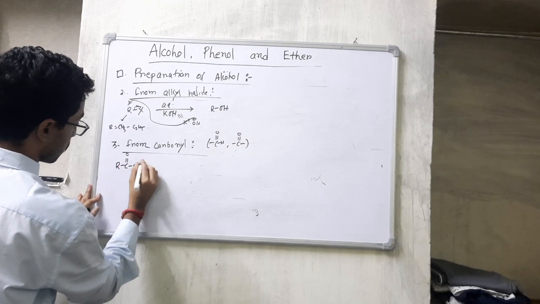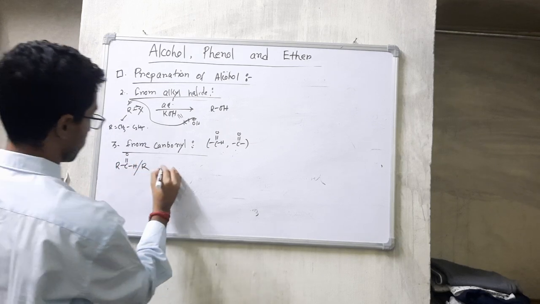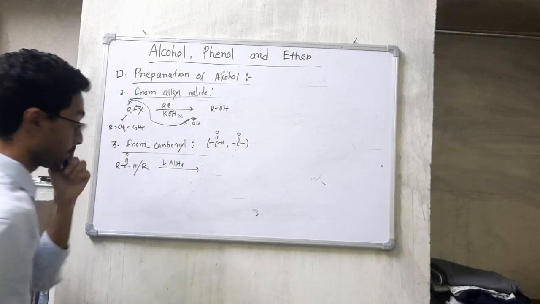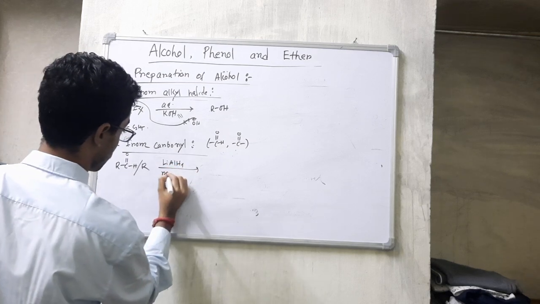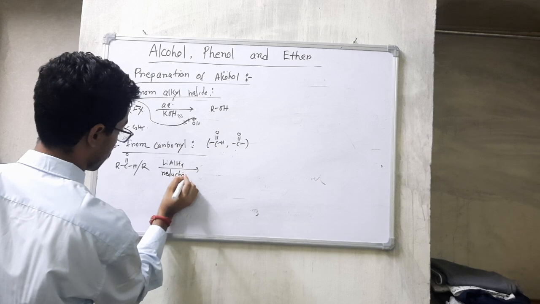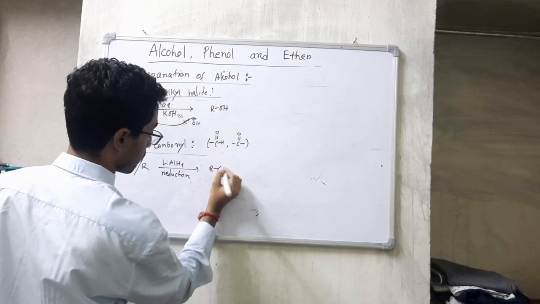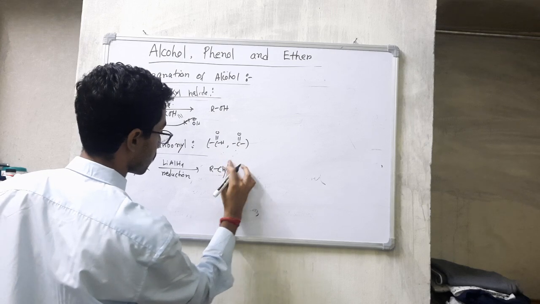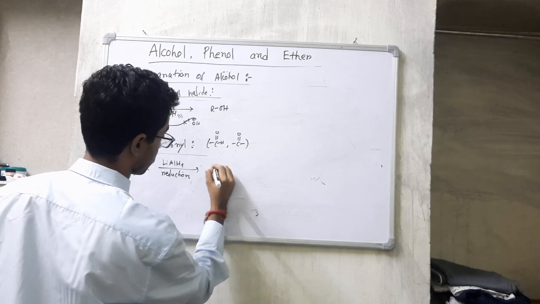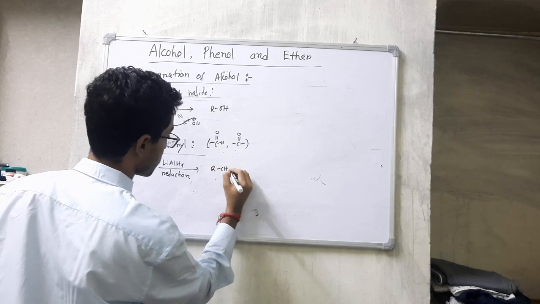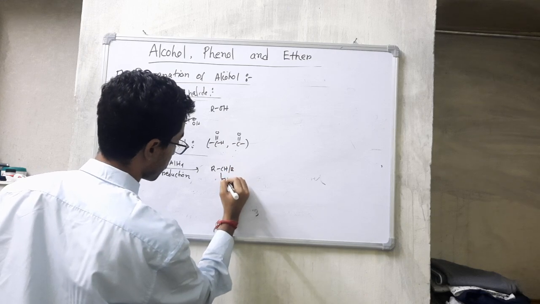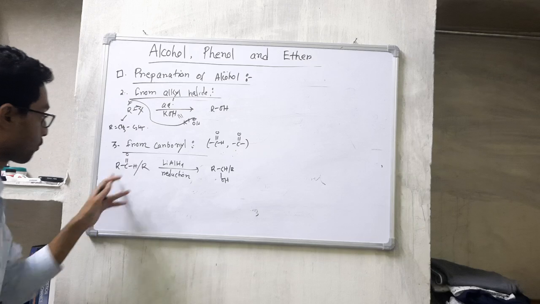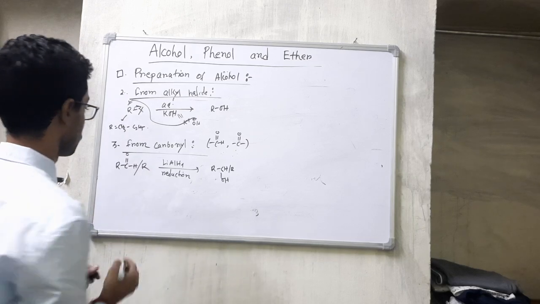If we treat with lithium aluminum hydride, meaning a reduction process, then we get R-CH-OH, or R and OH. If this is H, then it is from an aldehyde; if this is R, then from a ketone.